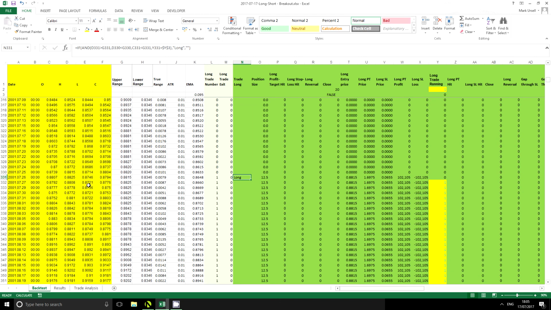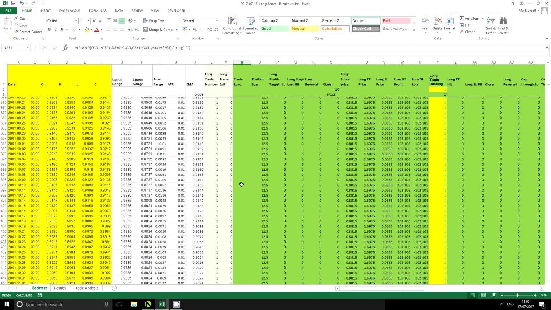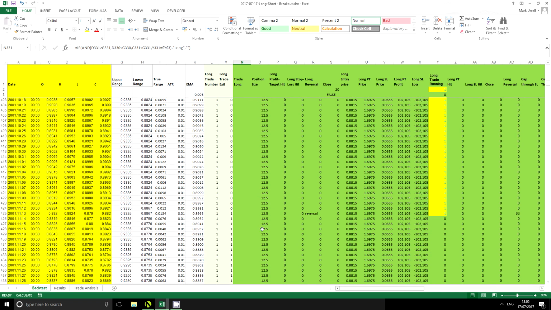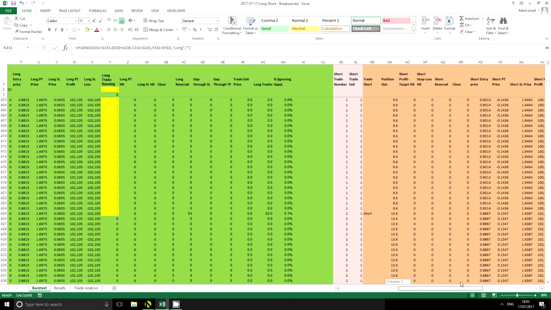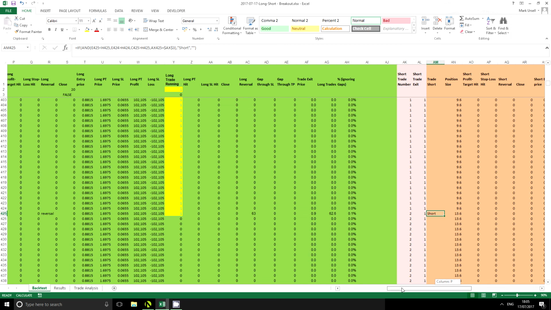At this point here, the high point of this bar went above the upper range, and so we entered long, and we're going to follow this all the way until the position breaks below the 55 line in the opposite direction to the short side. And if I scroll across here, you can see we have entered a short position at that time.